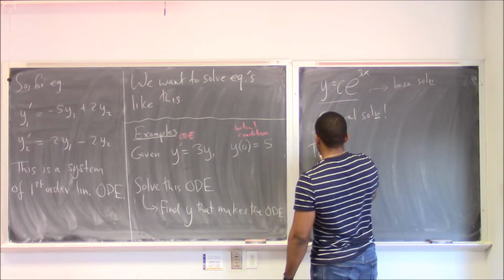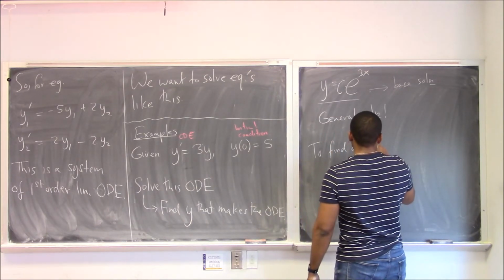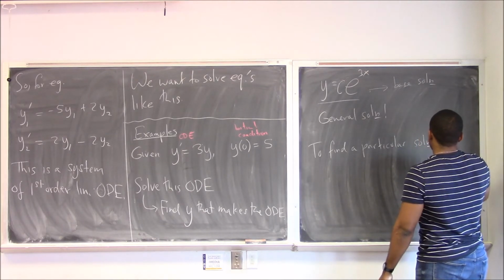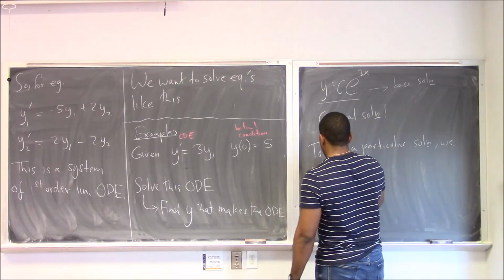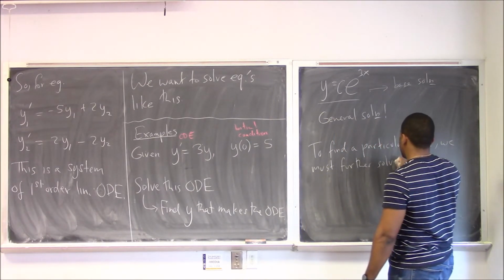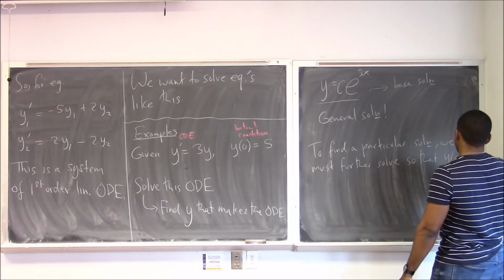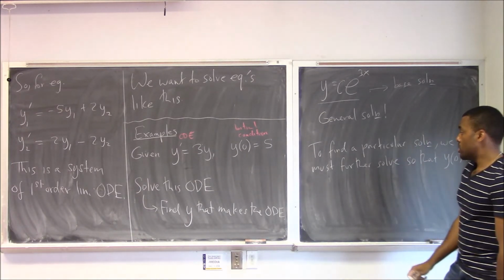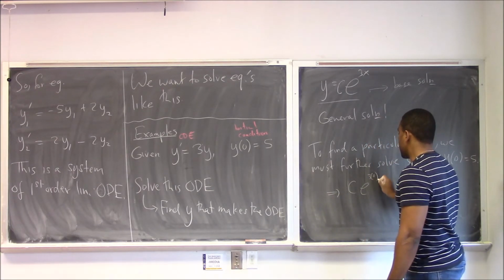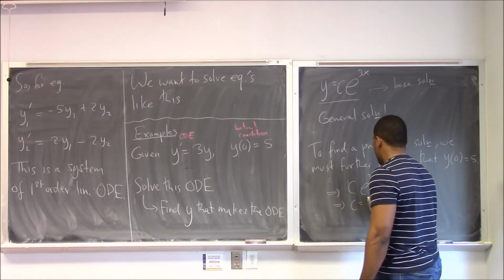To find a so-called particular solution, we must further solve so that if I take y of 0, the answer should be 5. So if I plug in 0 into x, I want the answer to be 5. This would mean that c equals 5.